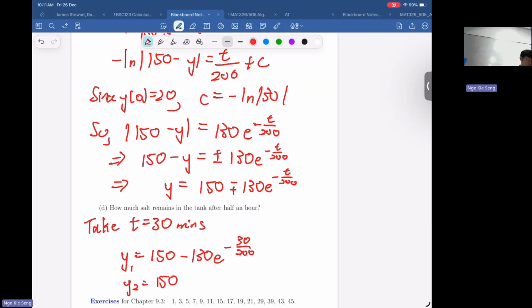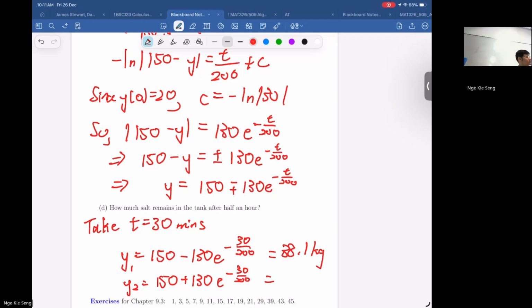So let's see if these two solutions make sense or not. Can someone click your calculator? What are these two numbers? I think one of them is 838 kg. How about the other one? 200 something.